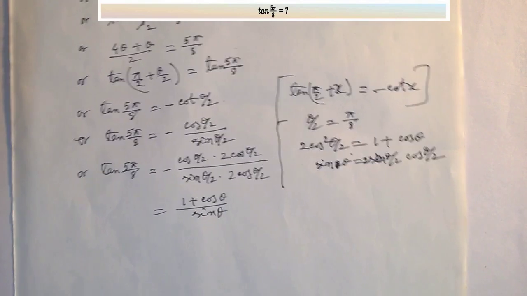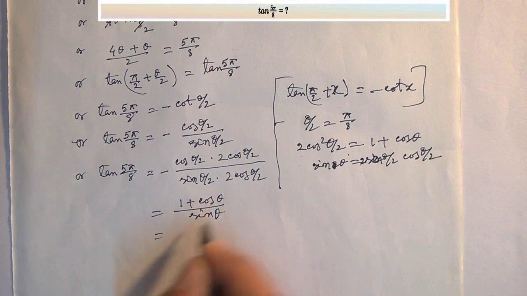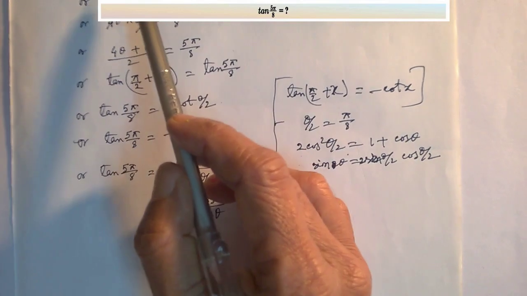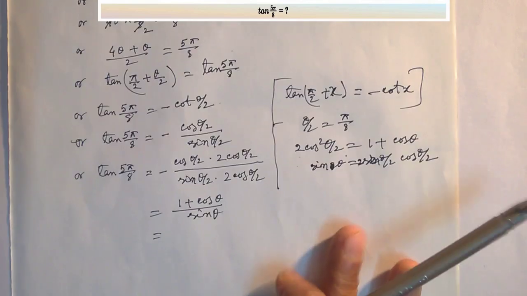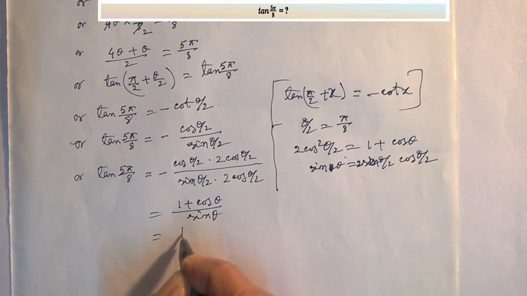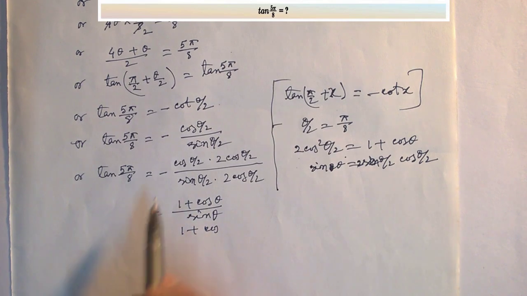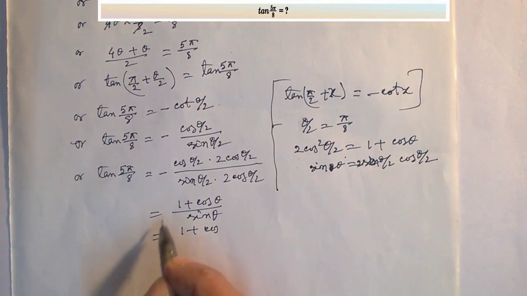So now replace theta, theta is equal to pi by 4. On the right side, 1 plus cos pi by 4 over sin pi by 4, and this minus sign should be continued.